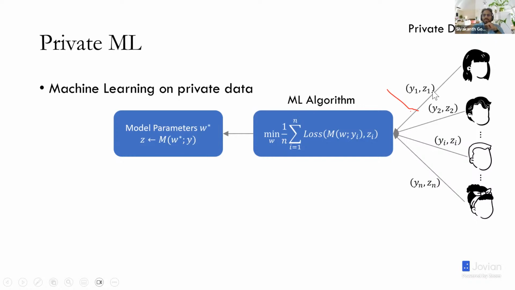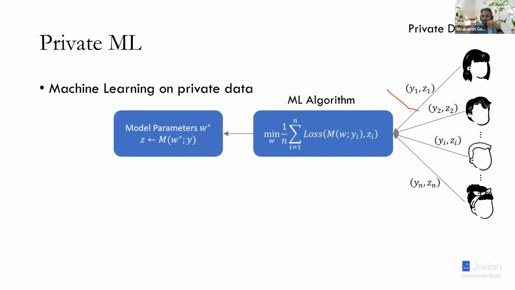Or Y1 can be an email that they wrote and Z1 the next word, so Y1 is the prefix and Z1 is the next word in an email. Then you want to train a machine learning algorithm which predicts Z given Y. This is the standard thing, but now you're assuming that the input from each user is private information, and you want to protect the privacy of these users.